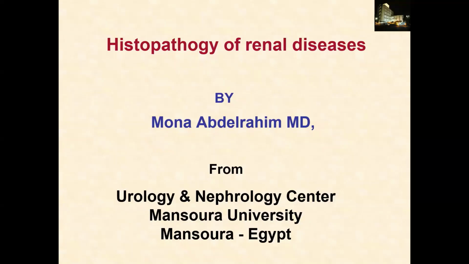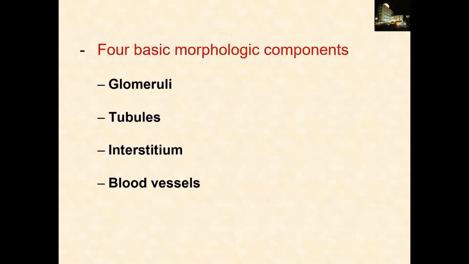It's my pleasure today to share the activity of the 7th program of ISN Ambassador at Africa. And today I will deliver a talk titled Histopathology of Renal Disease. In the kidney, we have the usual four histological structures: glomeruli, tubules, interstitium, and the blood vessels.